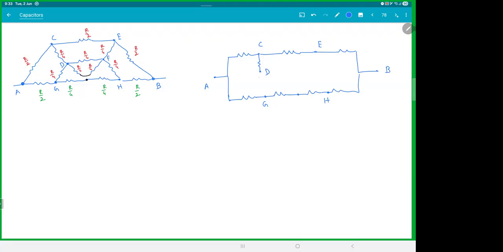So this is D, and between D and G, there is a resistor. This is F, and there is a resistor. And between D and F, there is again a bunch of resistors, which is R by 4, R by 4. That is R by 2, R by 2, and R by 4. How much is that? R by 2 into R by 4 by 3R by 4.